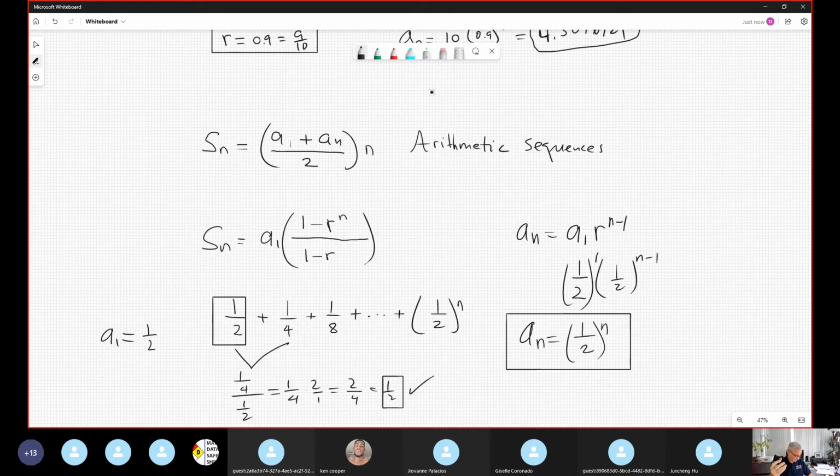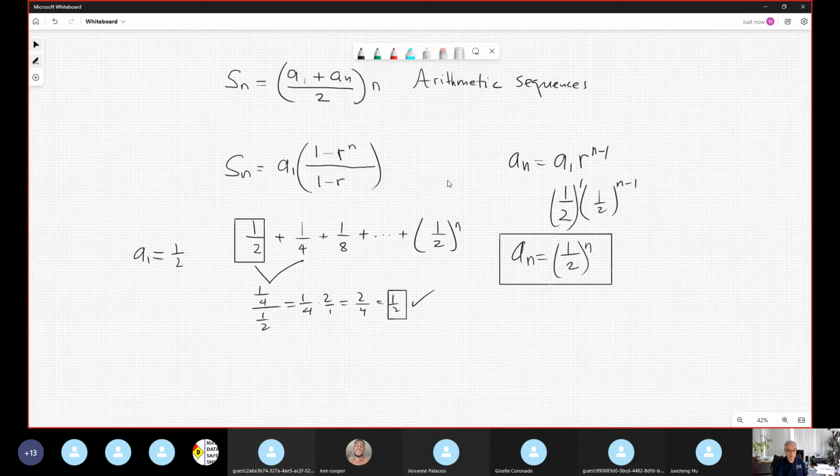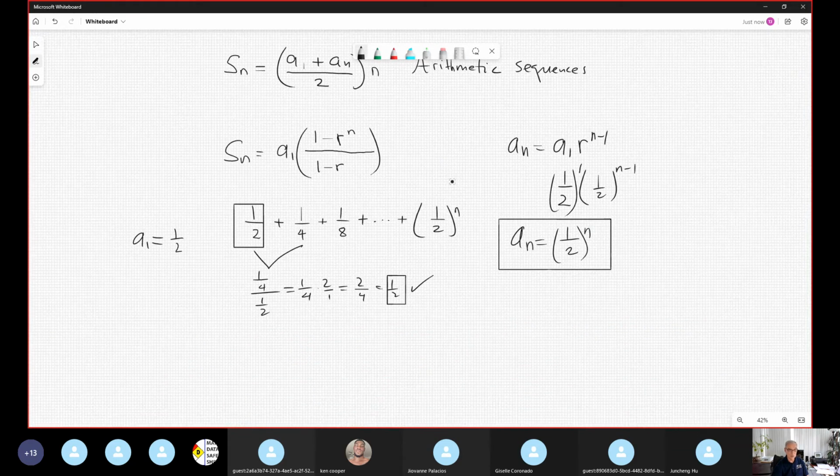Let me try. In the time that we have, not too much. Apply this formula in this specific example. Suppose we want to compute S sub 3. S sub 3 means that you take the first 3 elements, this plus this plus this. Suppose I do it by hand, no formula.